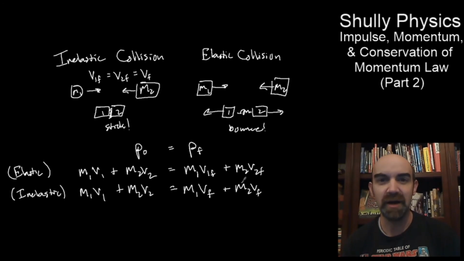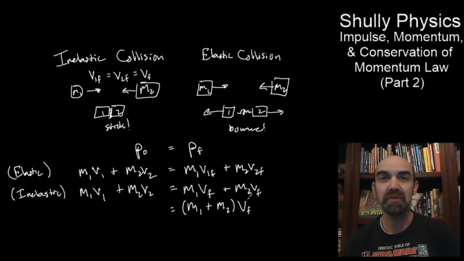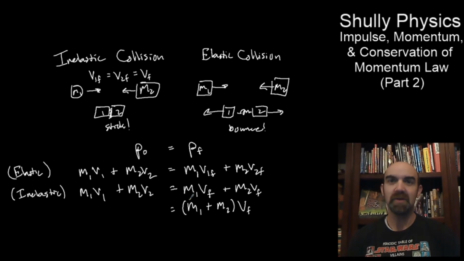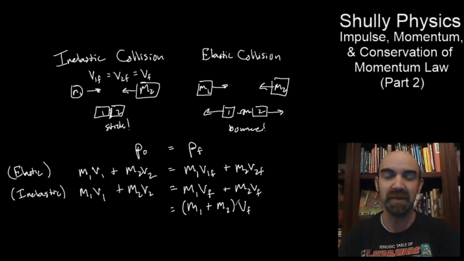We can factor out a VF. And what's left? We could look at this in a slightly different way. By factoring out that VF, we're left with M1 plus M2 times VF, the quantity M1 plus M2 times the final velocity of that locked up object, that bigger object that's combined now.